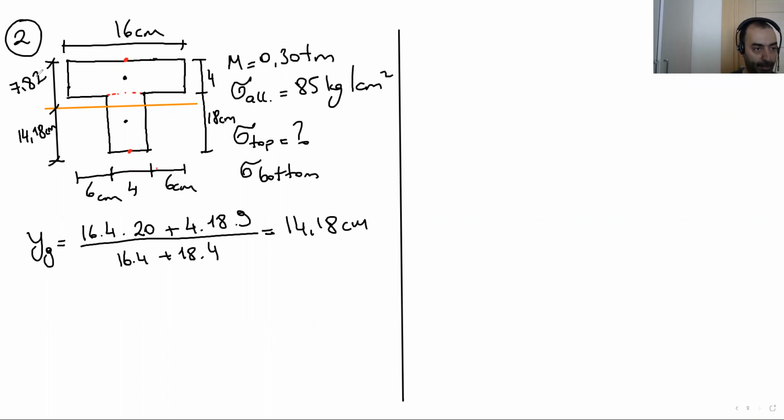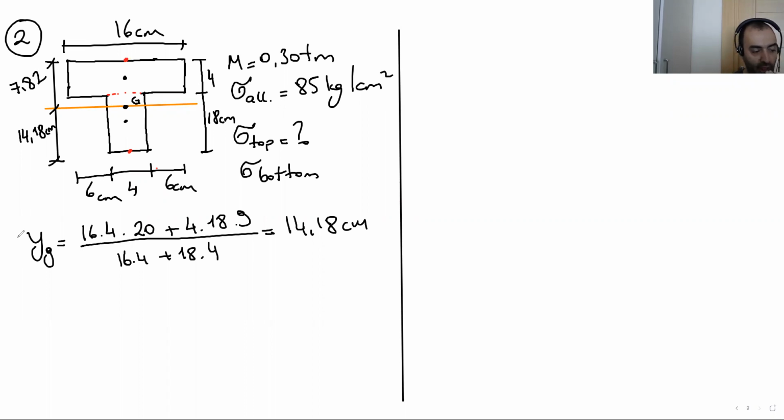So we know this line is the neutral axis, and this point is the centroid of the section. Now we know the location of the centroid.